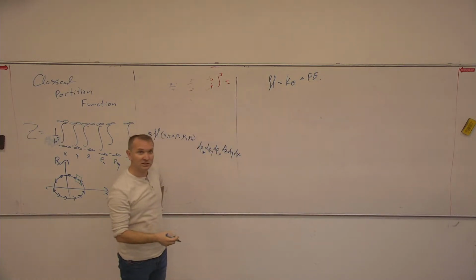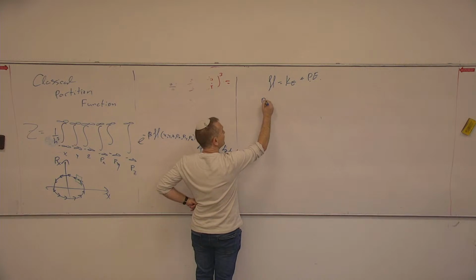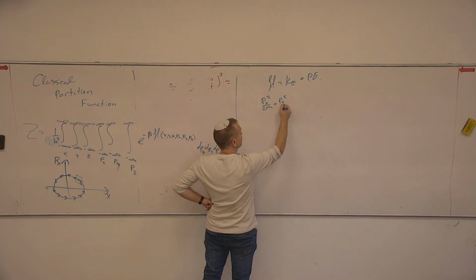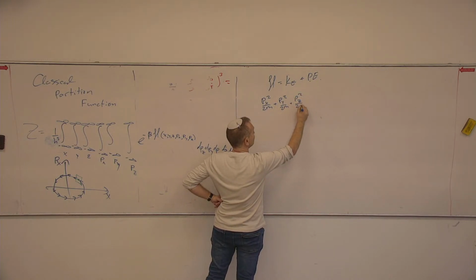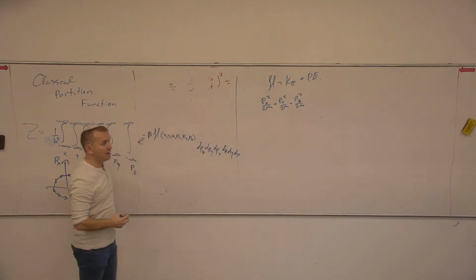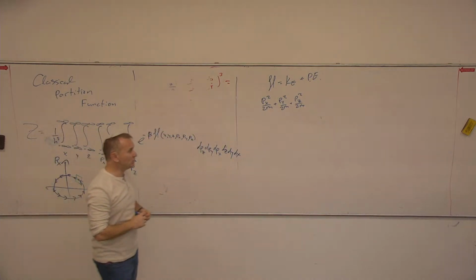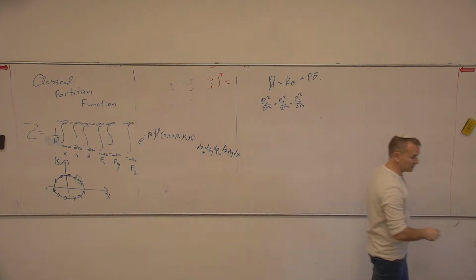Now kinetic energy is always the same: px squared divided by 2m plus py squared divided by 2m plus pz squared divided by 2m, right? Now what about the potential energy?